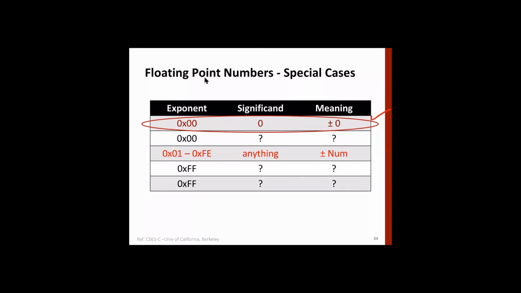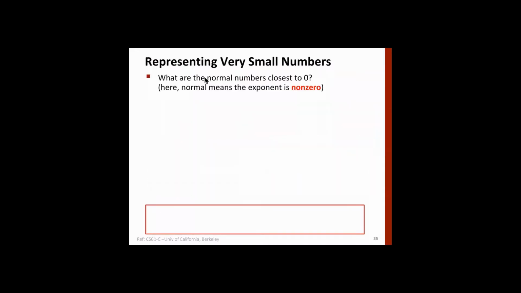Now what happens if the exponent is 0 and the significand is non-zero? Then we need to represent something, right? The question is how do you represent very small numbers? Look at the normal case and see the number closest to 0. It is 1 dot, with the 1 in a normalized number and all zeros, times 2 raised to the power 1 minus 127.